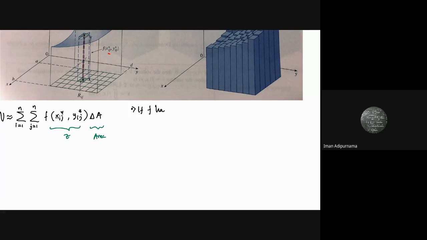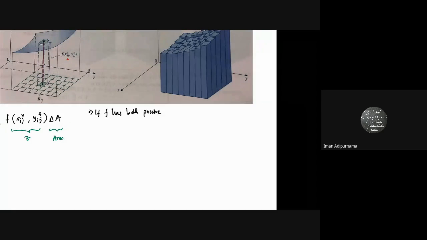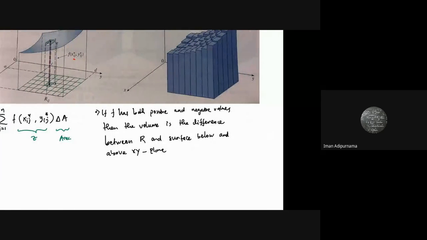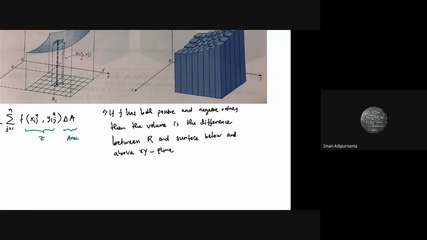If f has both positive and negative values, then the volume is the difference between the surface below and above the XY plane over R. Okay, this is just an additional note.